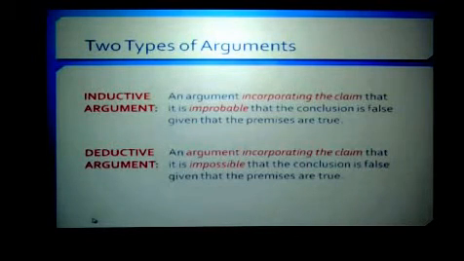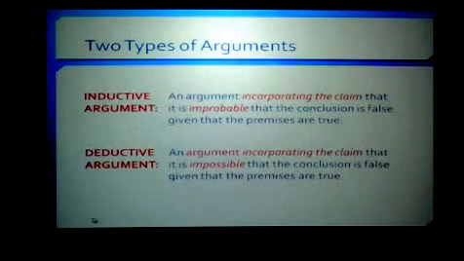Okay, now notice how in these two definitions of inductive and deductive arguments, we actually have two components in each of these definitions that track the two elements of inductive reasoning and deductive reasoning. For inductive arguments, we have an argument incorporating the claim. This incorporation of a claim involves the intent of the author.